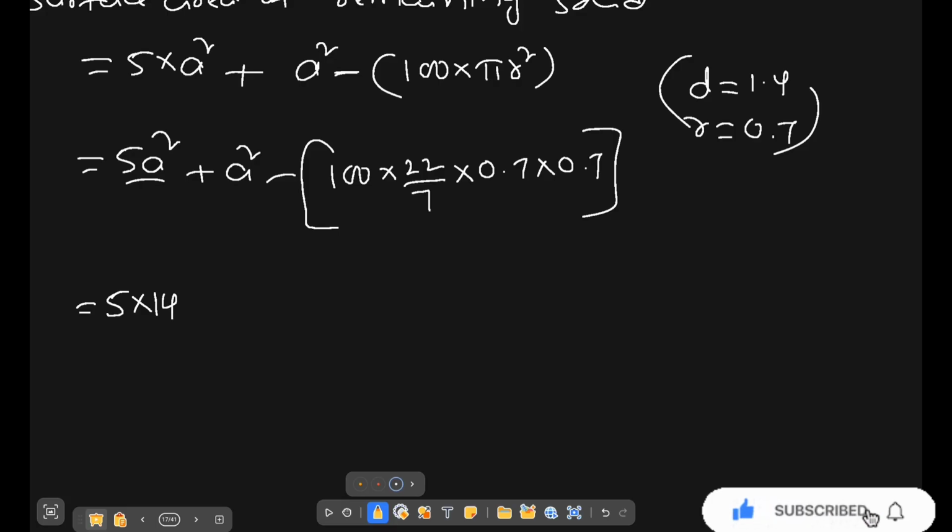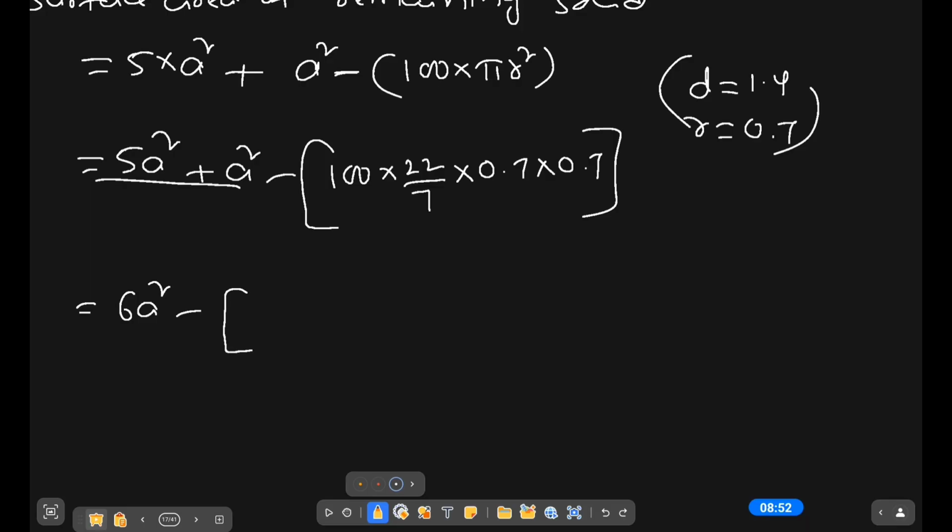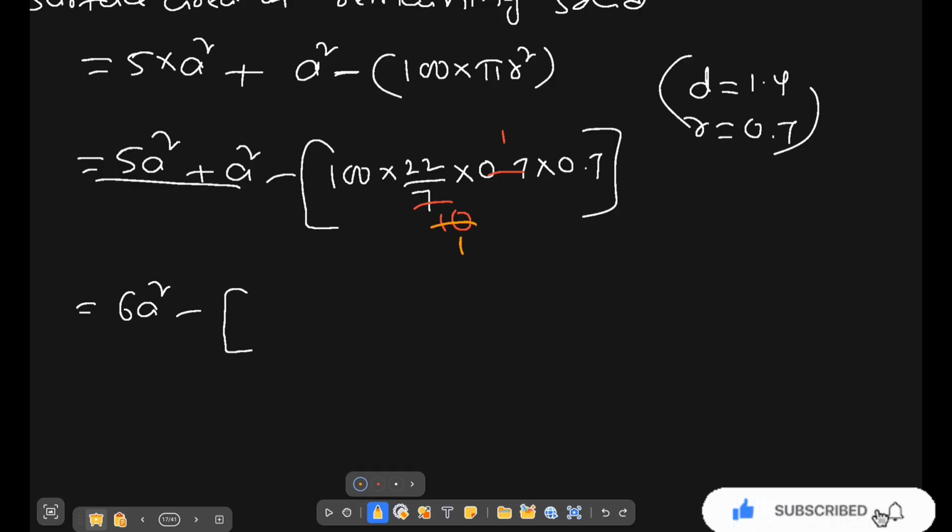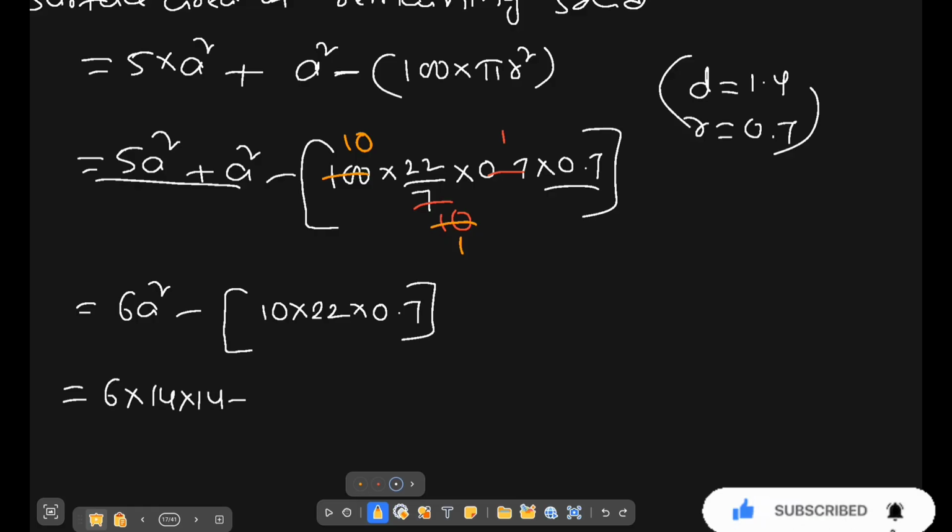Otherwise we can write it like this: 5a squared plus 1a squared is 6a squared. So 6a squared minus 100 into 22 by 7 into 0.7 into 0.7. Now 0.7 ones are 0.7, tens are 7. So 6 into a squared, 14 into 14, minus 10 into 0.7, which is 7. So 7 into 22.